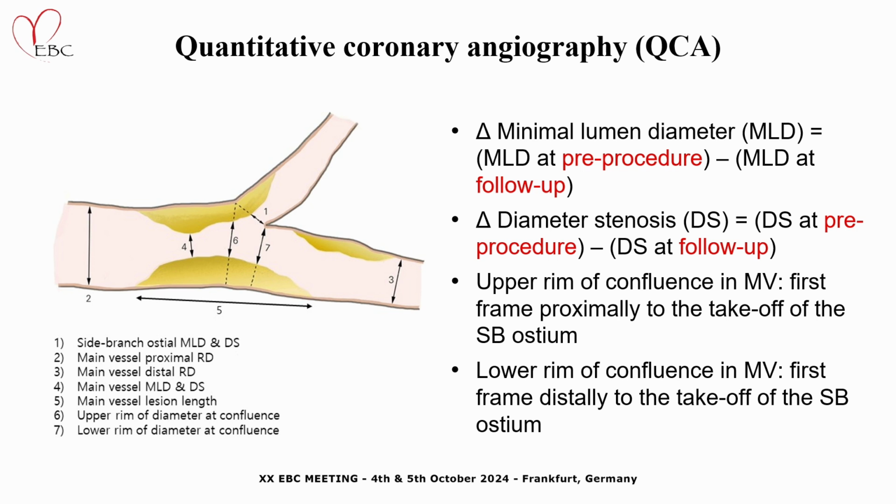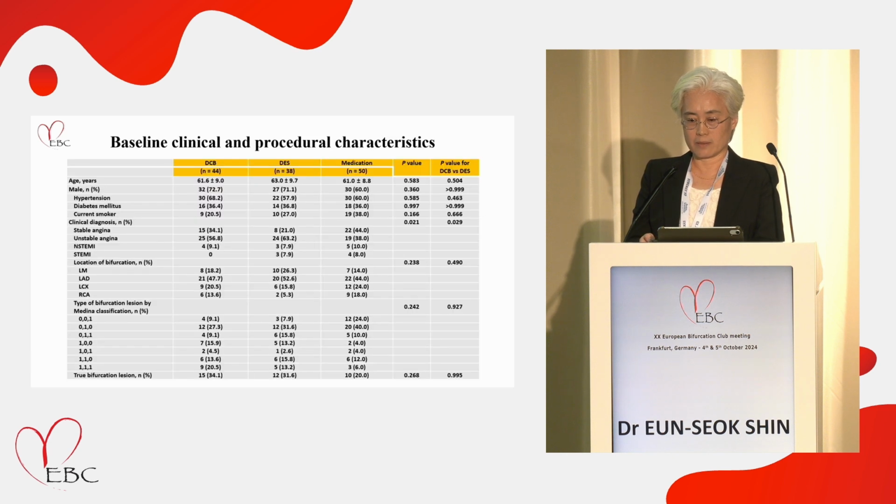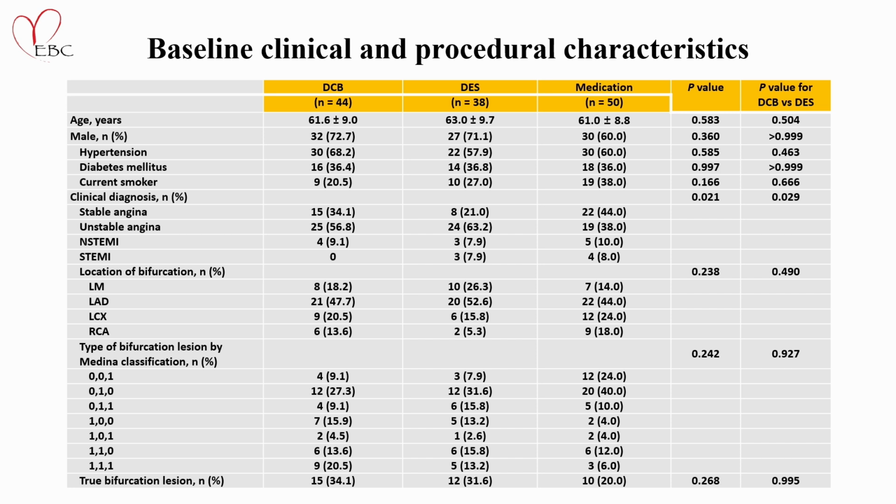The delta value of minimal lumen diameter and diameter stenosis was defined as follow-up subtracted from pre-procedure, so a minus value indicates an increased diameter. There was no significant difference among the three groups, including bifurcation type.